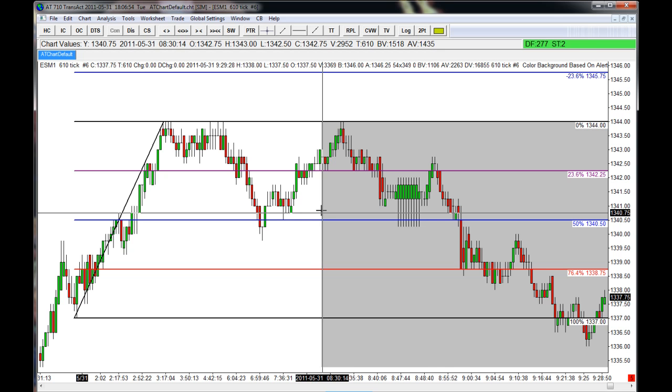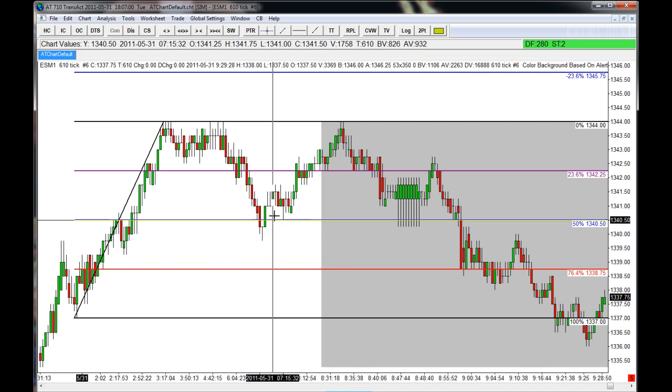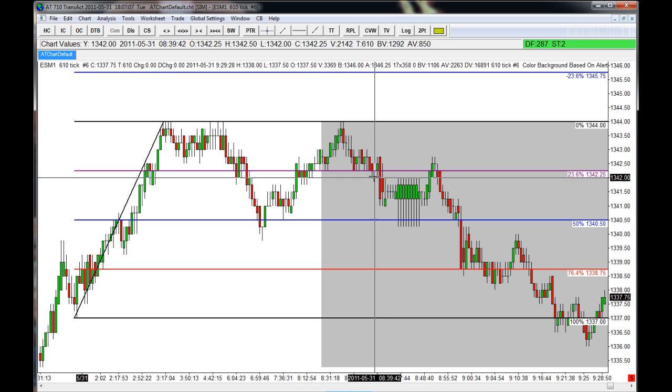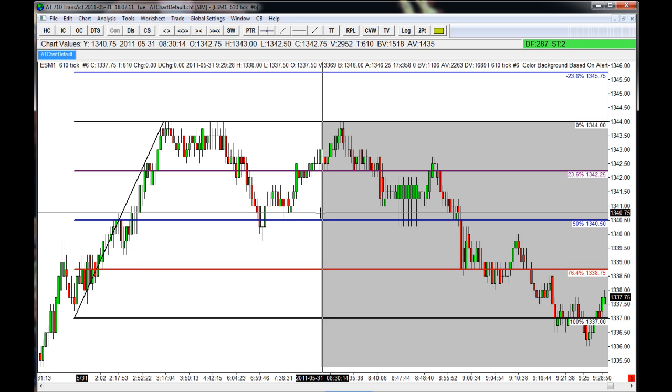Okay, if price bounced off the 50% level before the market opened, like as it did here, then this does not count as a bounce. Okay, you can take a trade here because this is outside of the time frame, before the market opened, pre-market hours, so this bounce does not count, so you can take a trade here. That's the only exception.